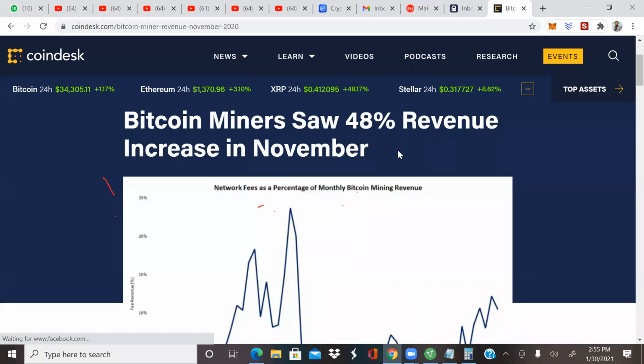Those are miners' fees, so that's how they make money. As long as people are using Bitcoin, they are making money. But when Bitcoin's price goes up, because you are getting paid your fees in Bitcoin, you are making more money.